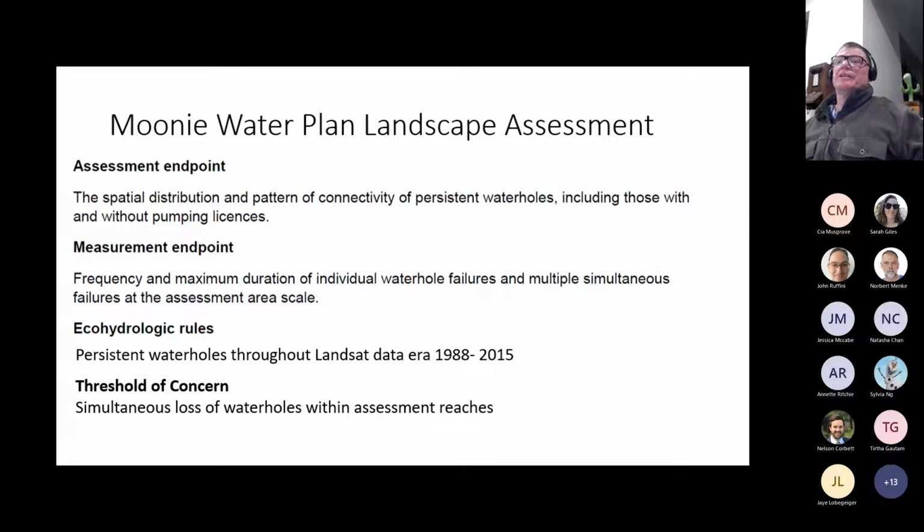The assessment area scale being parts of the system that are directly related to individual gauges, because not all of the system can be directly attributed to the hydrology at a gauge. We looked at Landsat from 1988 to 2015, and the simultaneous failure of waterholes within those assessment reaches was the threshold that was being considered.